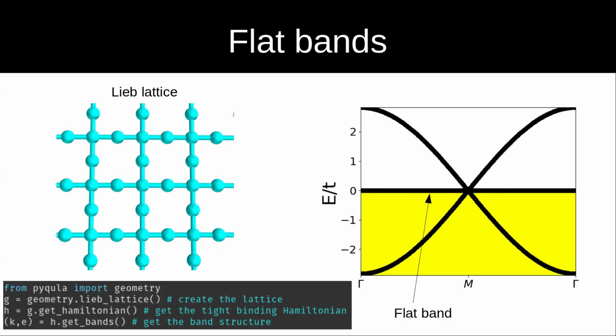So you have, let's say, a parabolic band on the top, a parabolic band on the bottom, but apart from that, you have a flat band at 0 energy. You have a band where the energy does not change with the momentum. And this has been a very interesting model to study the effect of interactions in solid state systems.